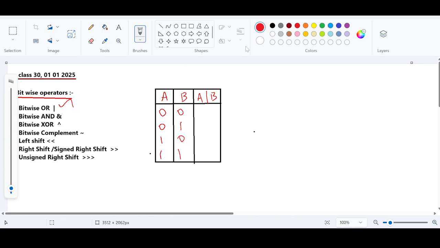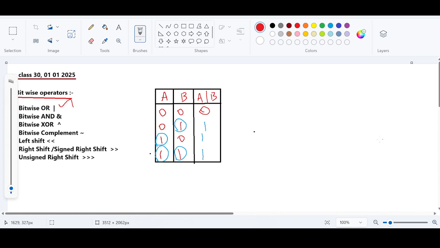What I was telling you yesterday: if at least one of the inputs is 1, then the resultant value is going to be 1 itself. For 0 1, 1 0 and 1 1 the result is 1. If not, it is 0. So this truth table is making some sense now.